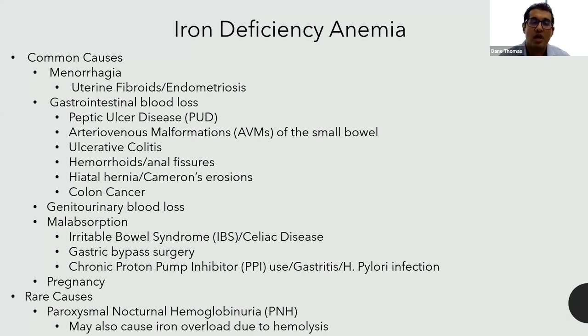And one of the most common causes of iron deficiency in females, besides menorrhagia, is pregnancy. A rare cause of iron deficiency is paroxysmal nocturnal hemoglobinuria, also known as PNH. This can actually cause iron overload at times due to hemolysis in more advanced stages.